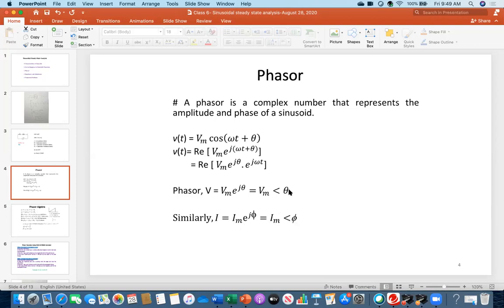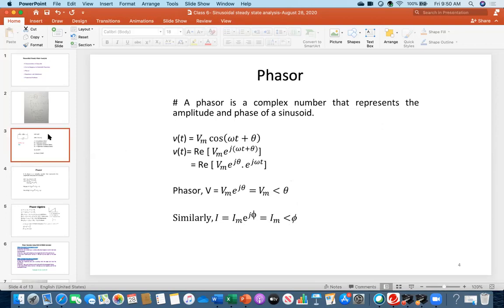For example, this angle could be 10 degrees, this angle could be 5 degrees or another value. That is the meaning. So from now on, instead of using the time function, in real life you will always use this type of expression to indicate the AC waveform.